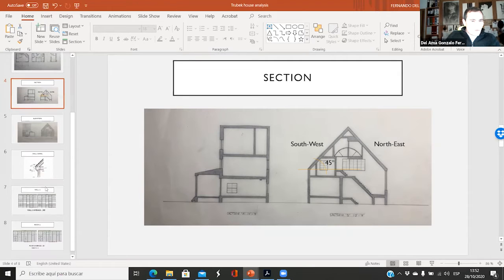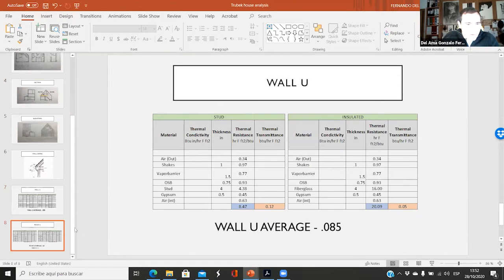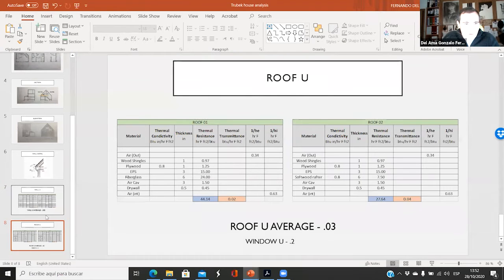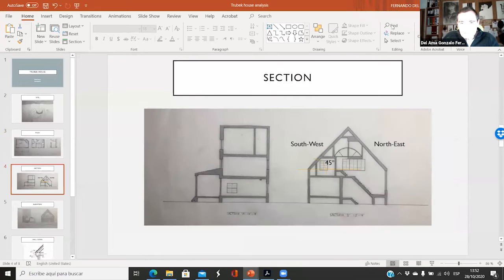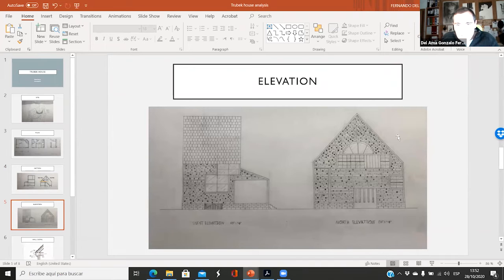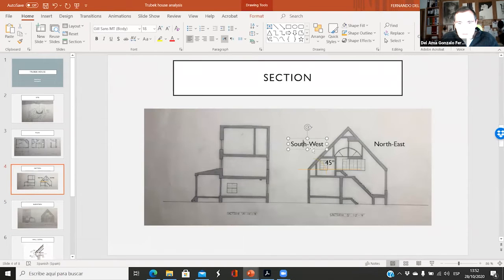What is the roof area? Is it here somewhere? This is the roof. We don't have the roof area, so I'll make it up. Let's say that the area is 1,000 square feet.